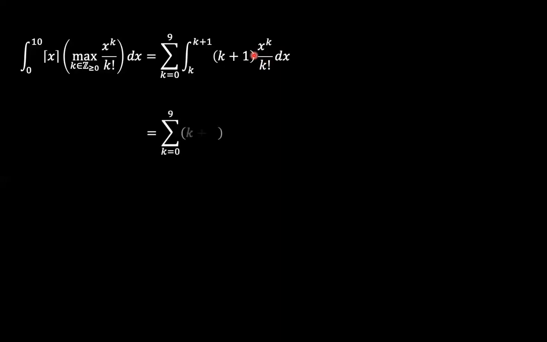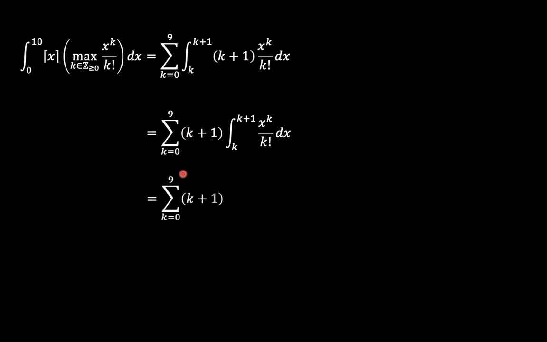And so pulling k plus 1 out, we are now left with the integration from x equals k to x equals k plus 1 of x to the power k over k factorial. And then we're summing all these from k equals 0 to k equals 9.